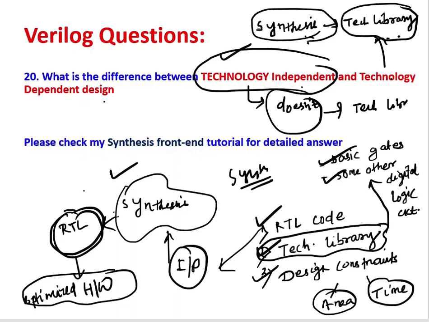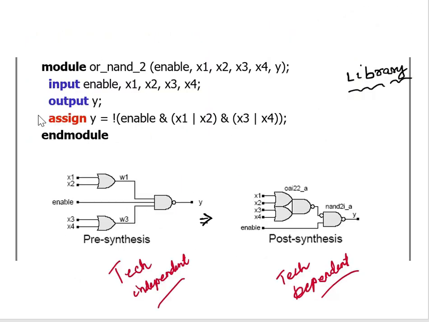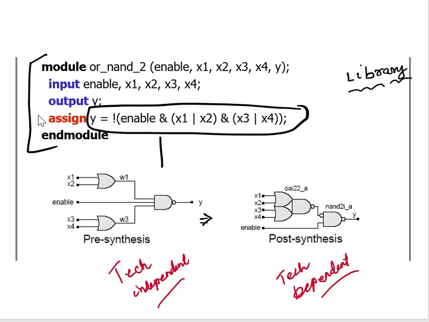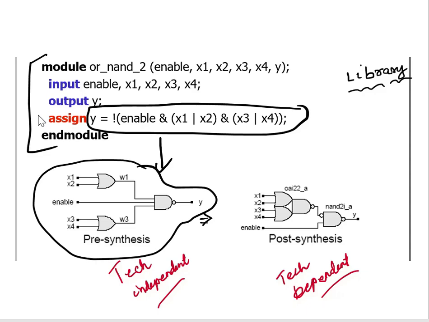let me give you one example here. See here, this is the Verilog module, and for this expression this is the circuit. Okay, and this circuit is technology independent, meaning whatever is written here, the expression, this is the logic circuit for it. So it is independent of the technology library.